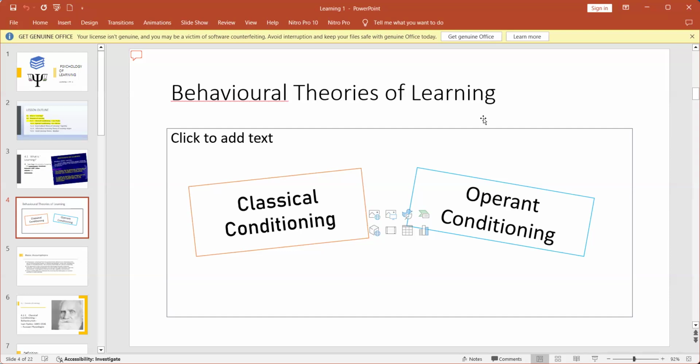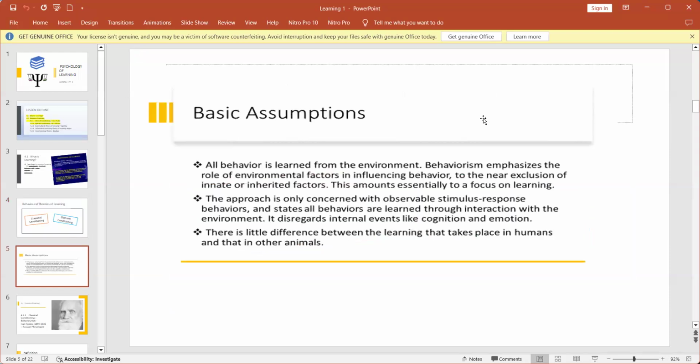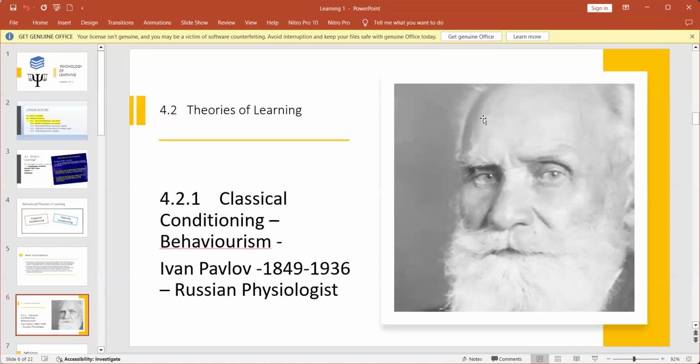Certain amount of learning happens this way as well. Classical conditioning is one of the learning theories from the behavioral school, and operant conditioning is another theory from the behavioral school of thought. So we discussed classical conditioning. Learning is habit formation. We learn because we are responding to our environment, and the dogs experiment.